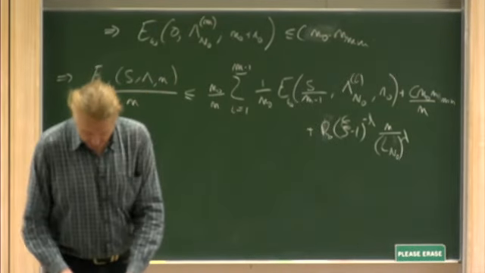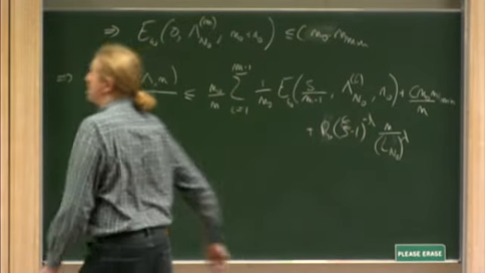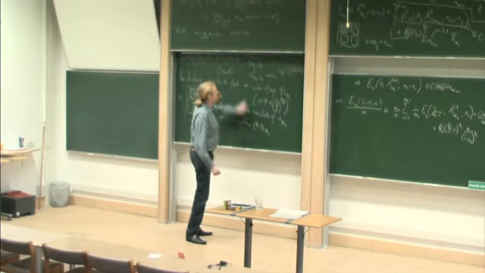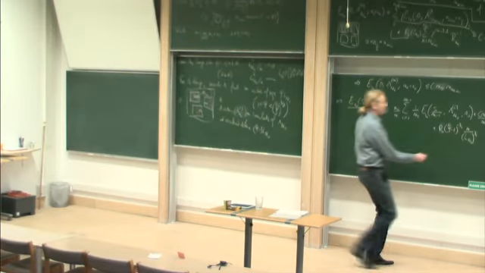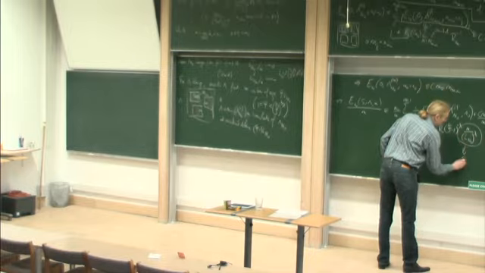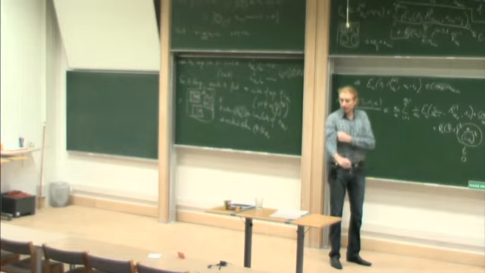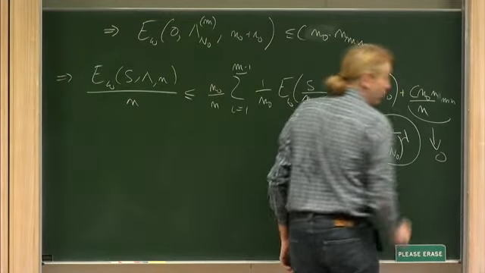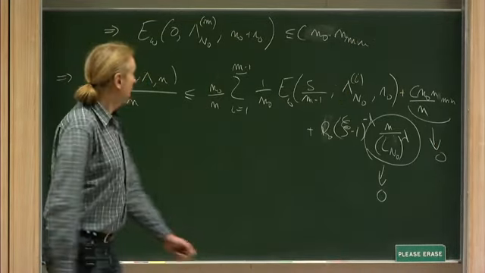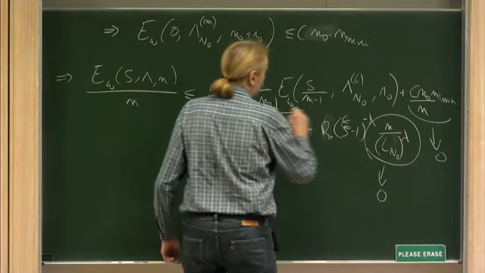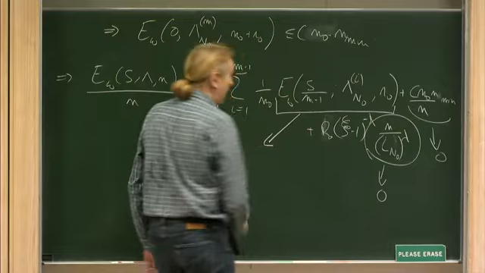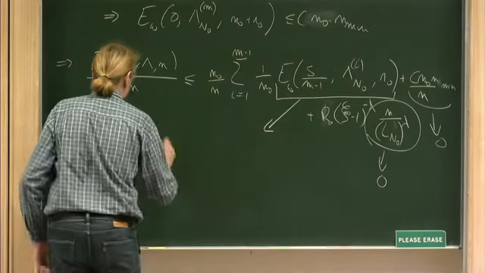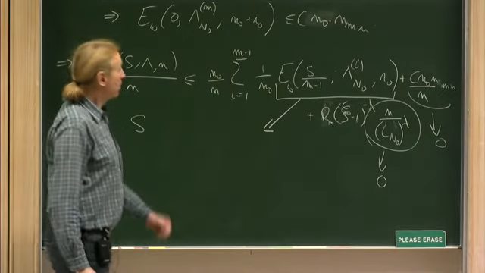Why? Because by our assumption, by our construction of n0, we know that this term goes to 0. In the same way, we know that this term goes to 0. We know that each of these terms converge. Why does this term go to 0?